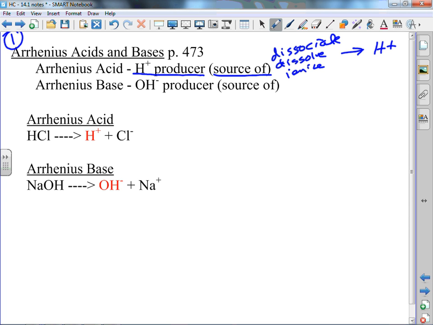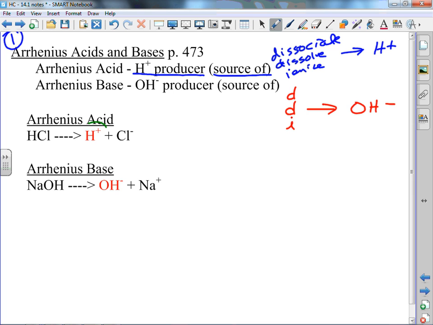An Arrhenius base is a chemical that produces hydroxide or is a source of hydroxides. Again, the same concept. They're going to dissociate, dissolve, or ionize to make hydroxide ions. That is the definition of an acid, and that is the definition of a base. So if we think of HCl, and we said if HCl were to ionize, the hydrogen would separate from the chlorine.